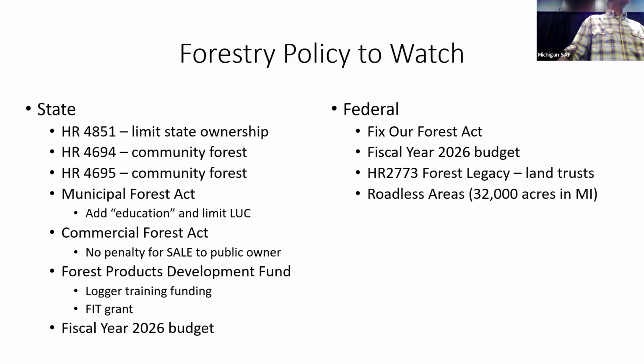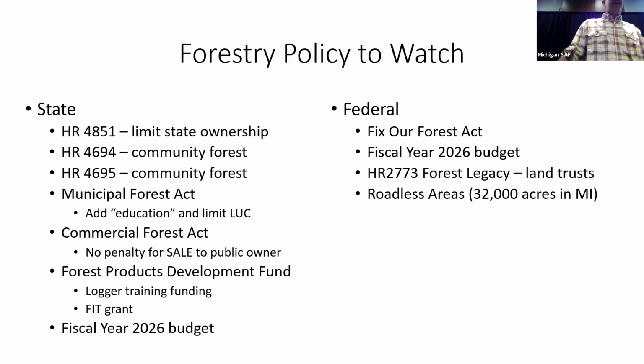This bill, 4851, says that if the state owns more than 50% of the land base within different governmental subdivisions, counties, townships, cities, villages, school districts, that they would be required to dispose of anything over that 50% margin. So that includes two counties that the state identified, which are Luce County and Roscommon County, are both more than 50% state owned. But how many townships do you work in where more than half the land is owned by the state? And if that has to be sold, who is it sold to? And what are the outcomes of that?